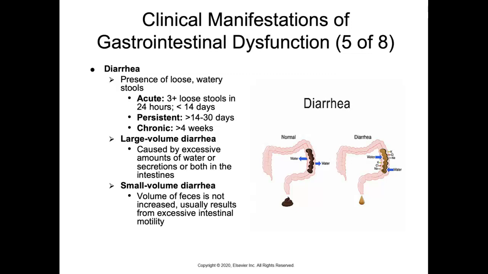Now we can classify diarrhea as also being large volume and small volume. Large volume means that we have an increased volume of feces, and this could be caused by excessive amounts of water or secretions or both in the intestines, whereas small volume diarrhea is because we have a decreased volume of feces, and this could be due to some type of inflammatory disorder of the intestines, including ulcerative colitis, Crohn's disease, or microscopic colitis.